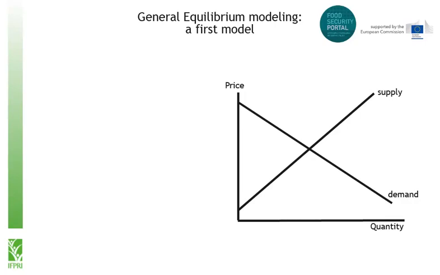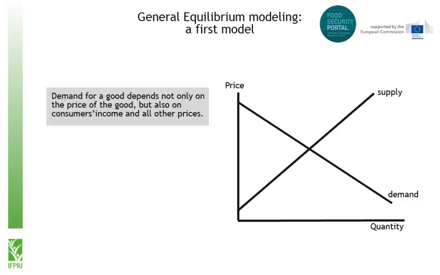Under the general equilibrium model, it's very difficult to do that because we take into account the fact that demand for a good depends not only on the price of this good but also on consumers' income and all other prices. Why? Because demand for a good is expressed, for example, by a household, and this household has a budget constraint, so we have to take into account consumers' income, but we also have to take into account all other prices.